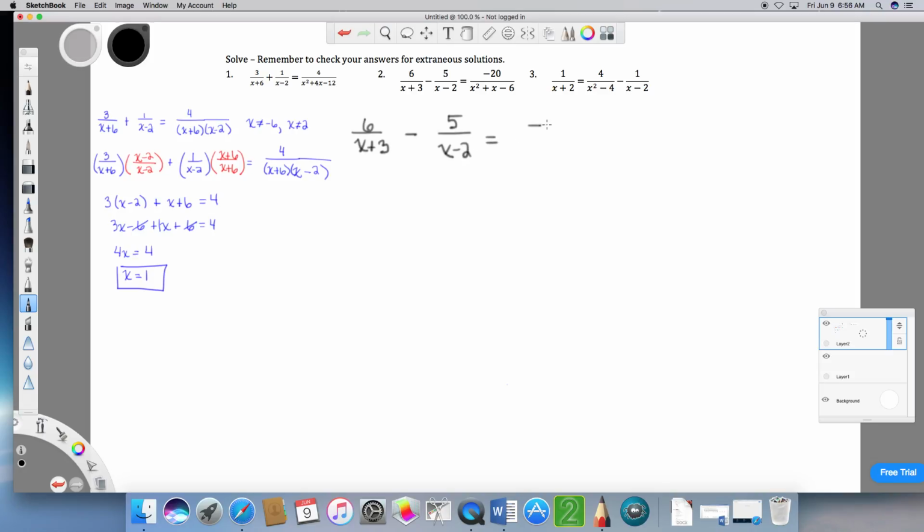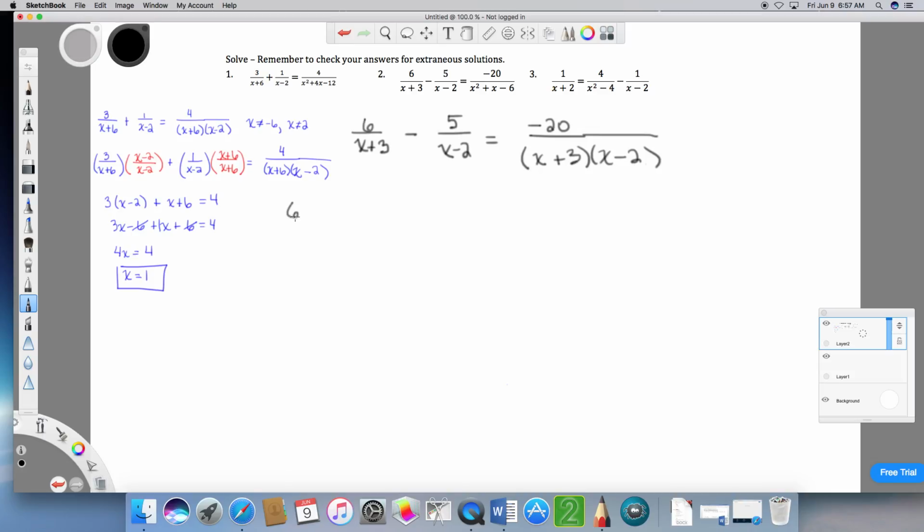And on the right-hand side, this factors to two numbers that when multiplied together give us a negative 6, but yet when added give us a positive 1. 3 and negative 2 do the trick here. And so again, we need to get a common denominator of x plus 3, x minus 2.